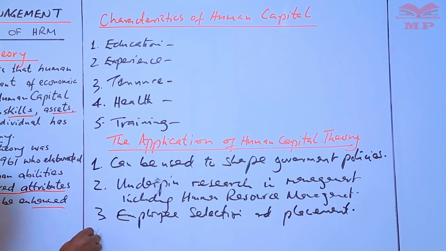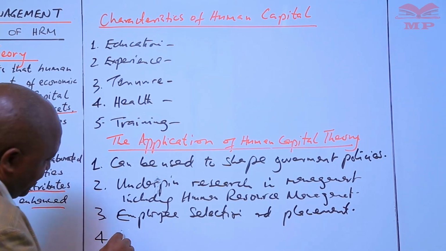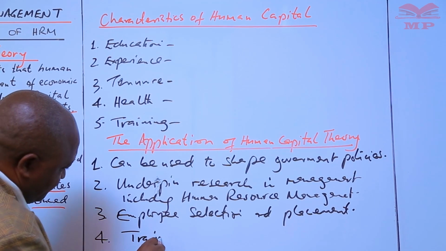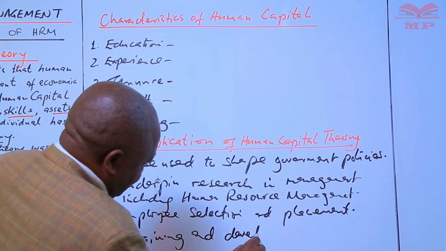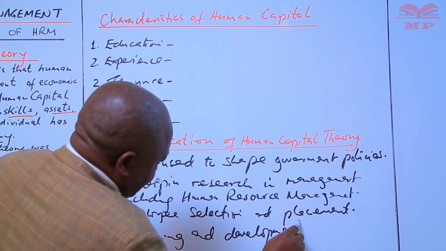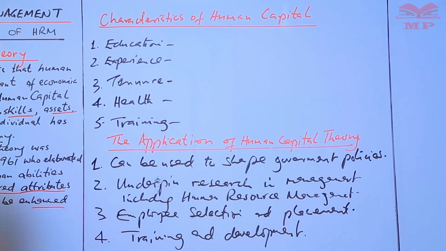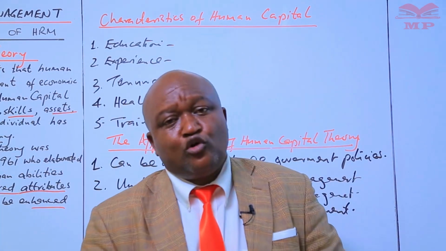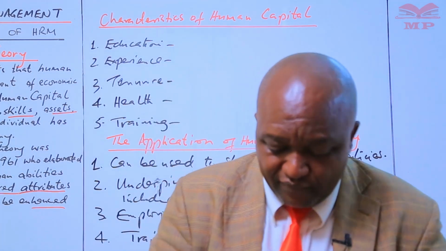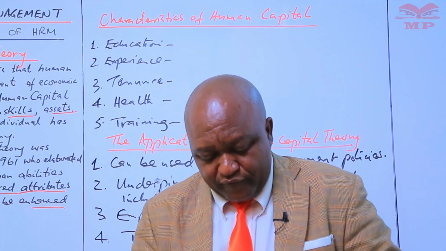There is also the area of training and development. Those two areas, employee selection and placement, and training and development of workers, we have indicated that you may have what you call on-the-job training. You may have also what you call off-the-job training.